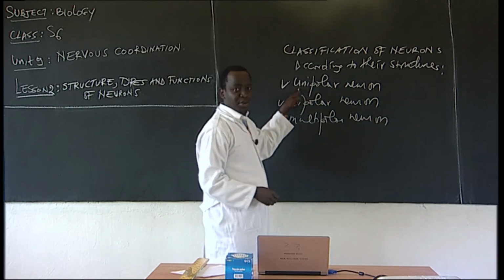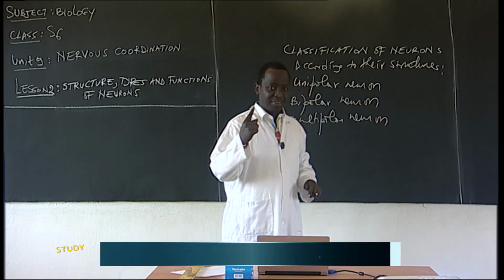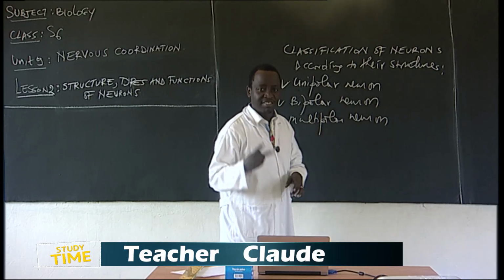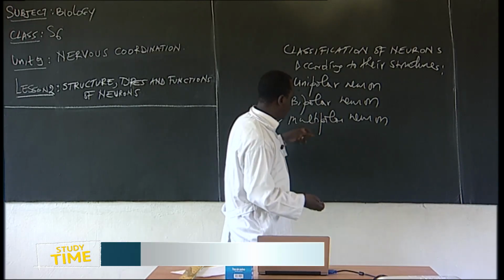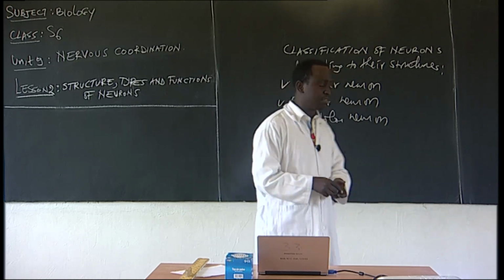So this unipolar neuron has a single process, one process. Do you remember? And then bipolar, it is called bipolar because it has two processes. Multipolar has many processes, more than two processes.